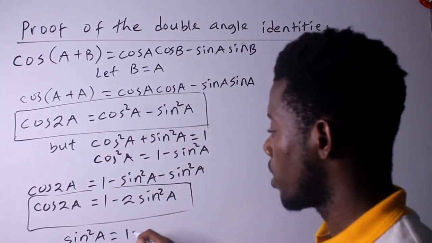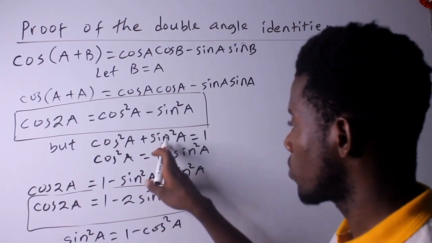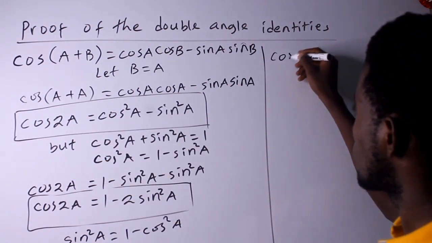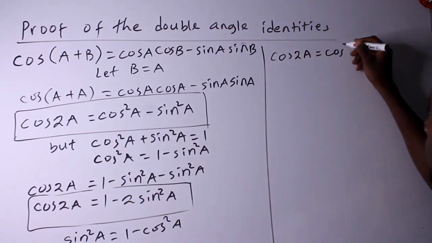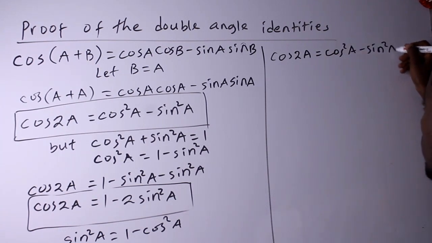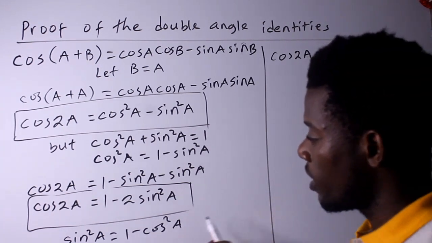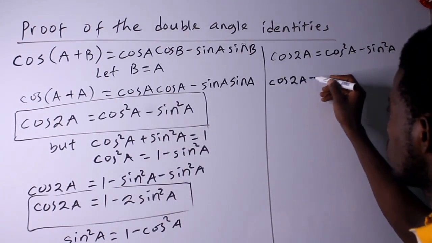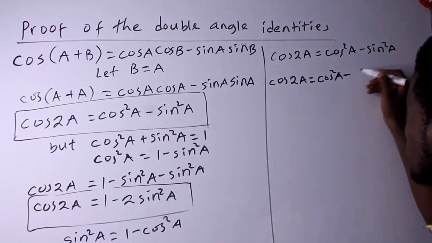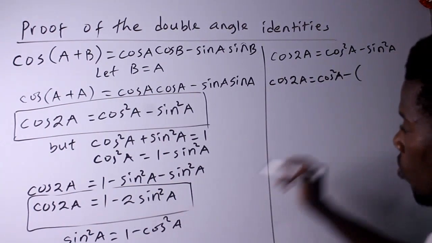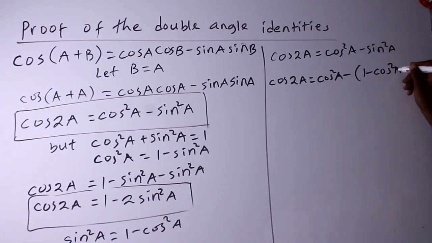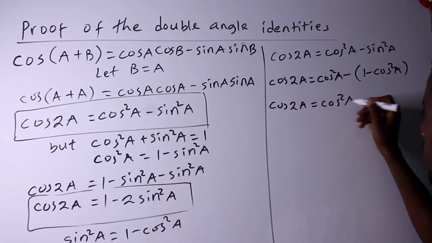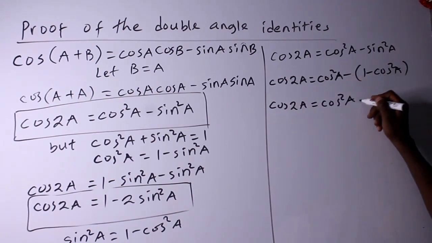So sin squared A is 1 minus cos squared A. And if I take this identity, cos 2A is equal to cos squared A minus sin squared A, and replace sin squared A with 1 minus cos squared A, I will have cos 2A is equal to cos squared A minus, now sin squared A is 1 minus cos squared A. Negative 1 times 1 is negative 1.